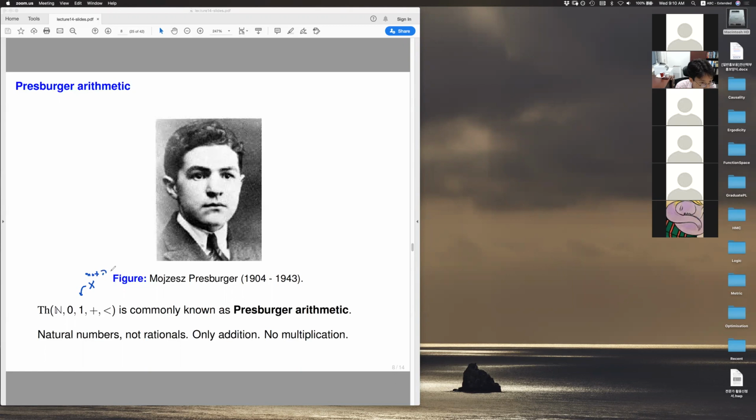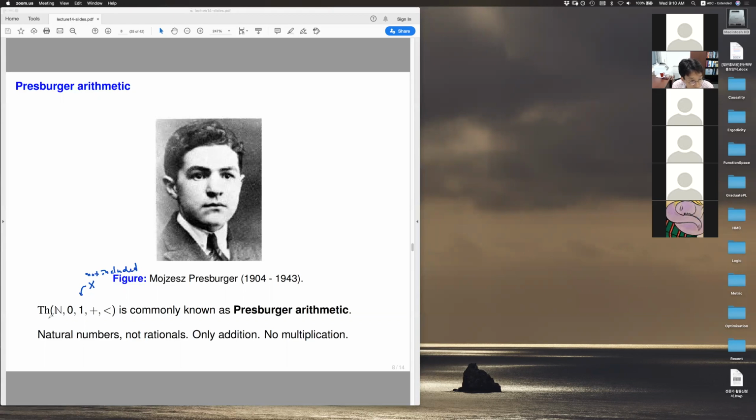What I heard is that Presburger formalized, or axiomatized, this theory completely. Although we are thinking about a semantically generated theory, the same theory can be generated based on the syntax, based on a set of axioms.